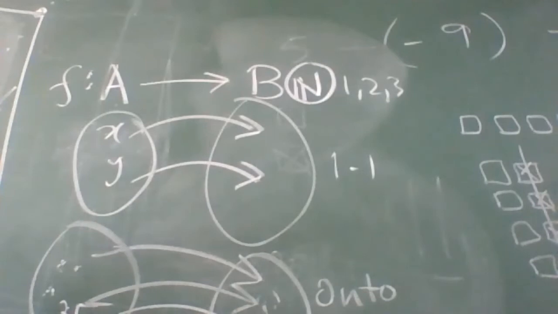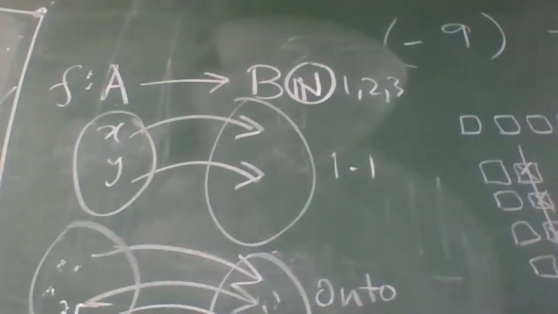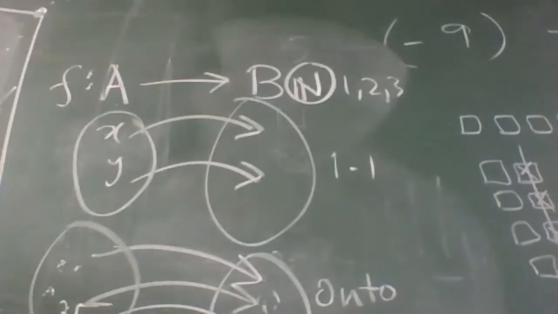Initially A was the natural numbers, and all the rooms were already occupied. Then one guest came, that was 0, so A became the whole numbers. Then a bus of infinitely many guests came, that made the set the integers. So you can think of B as the set of rooms, the natural numbers, and A as the set of guests who are coming and getting put in the rooms. Does that make sense?